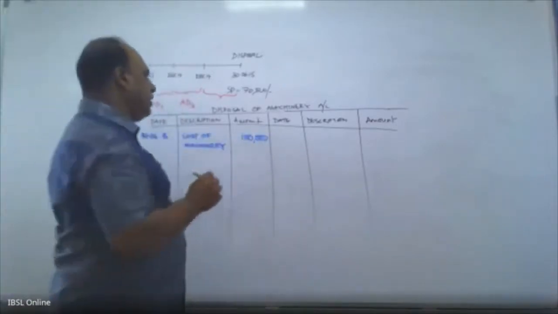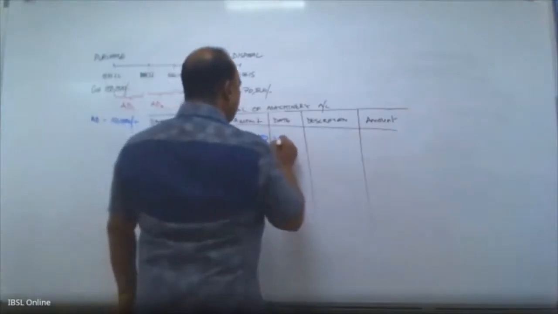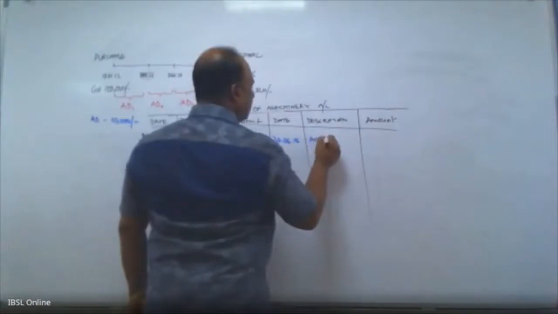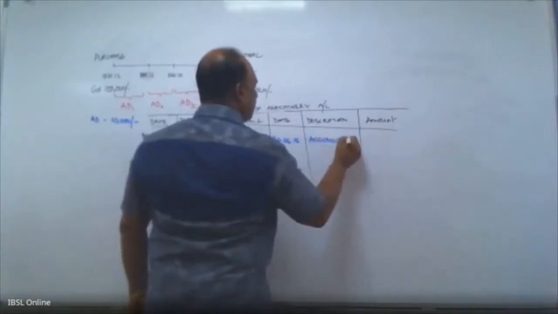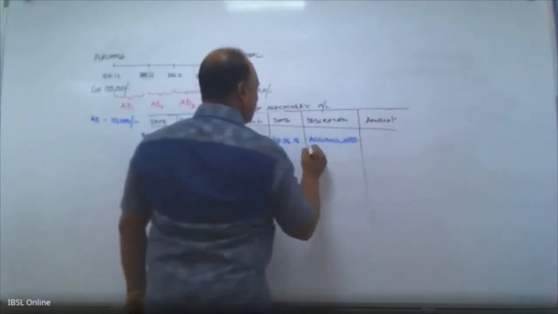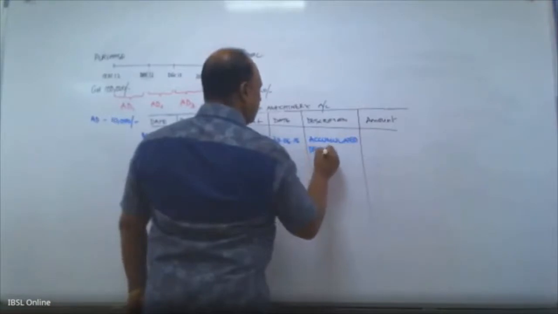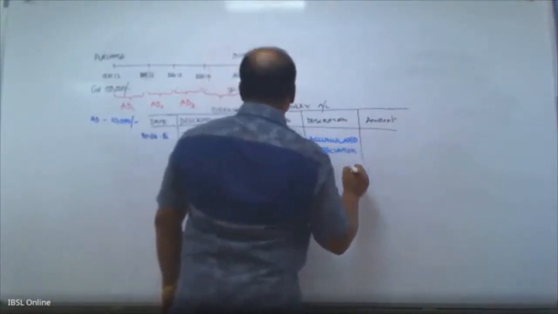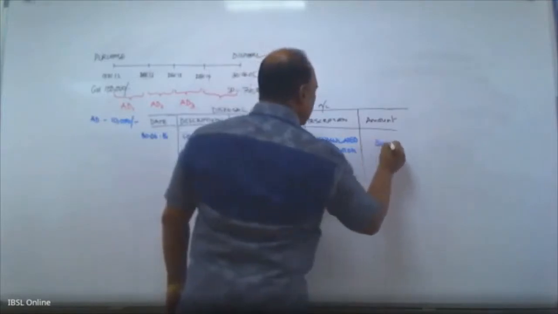Then again on 30th June, you have to reverse the accumulated depreciation, that is 30,000.